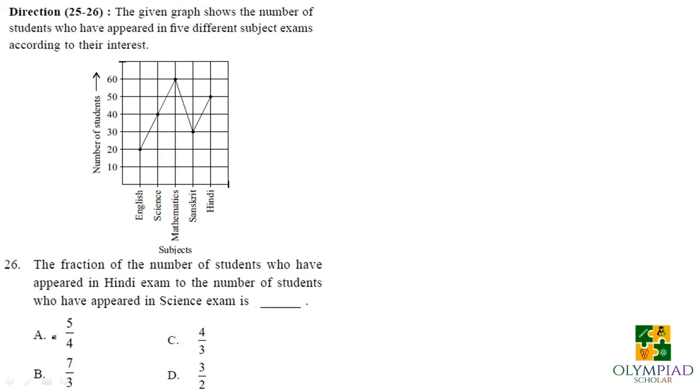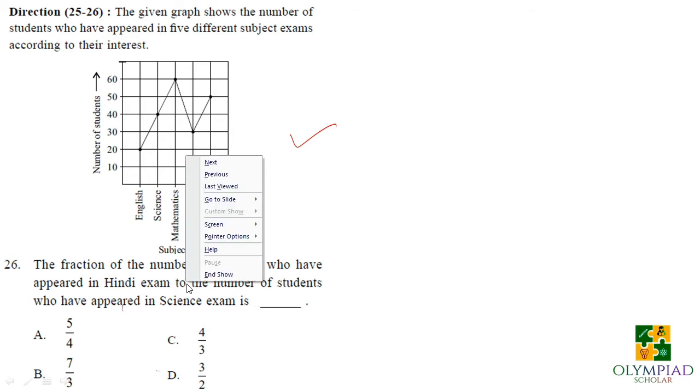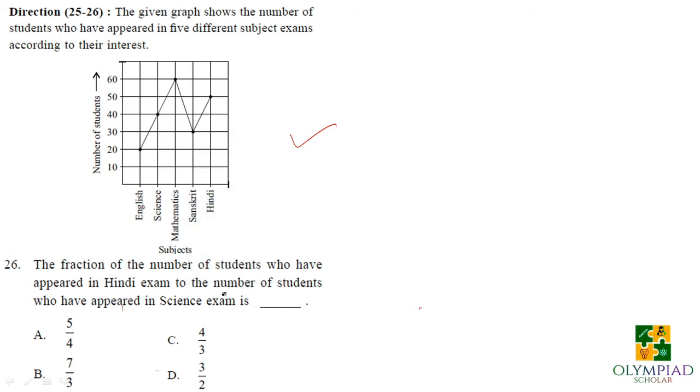So the next question. If you see the next question, your reference graph will remain the same. It is asking the fraction of the number of students who have appeared in the Hindi exam to the number of students who have appeared in science. Here 'to' means it is the break in the question. You can say Hindi to science means Hindi divided by science.